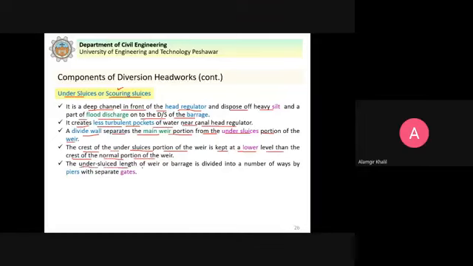The under sluiced length of weir or barrage is divided into a number of bays by piers with separate gates.